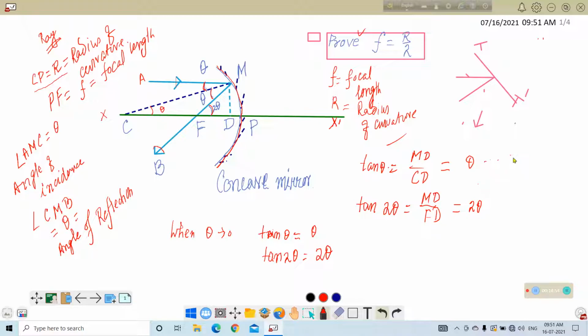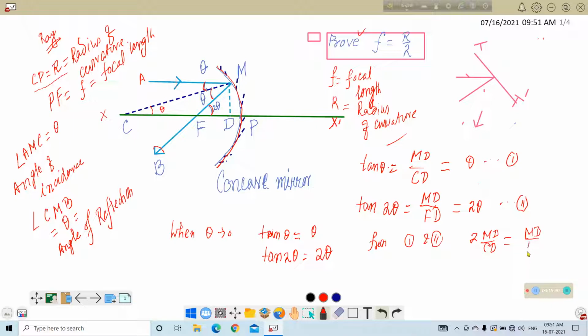From these two equations, 1 and 2, we have 2 into MD by CD is equal to MD by FD.